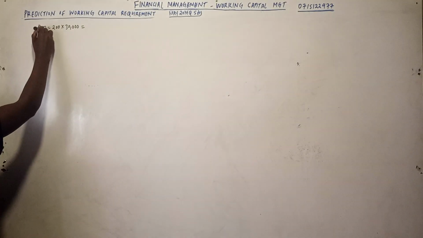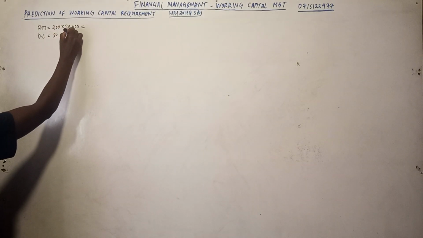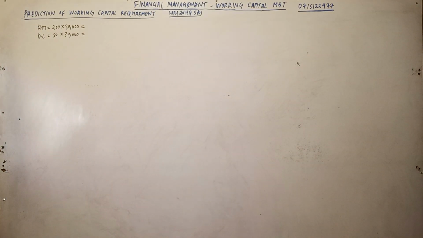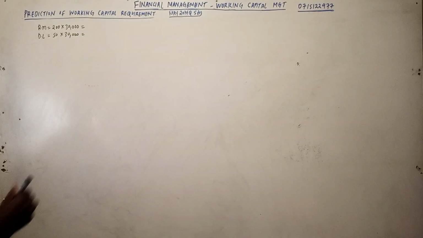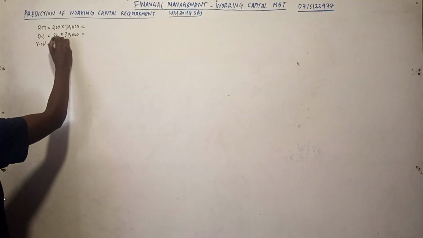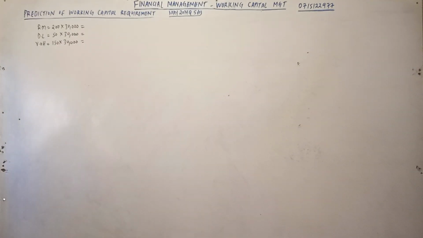Direct labor is 50 shillings per unit, times 30,000. Then we have the variable overhead, which they tell us is 150 times 30,000. Okay, we move on from variable overhead.